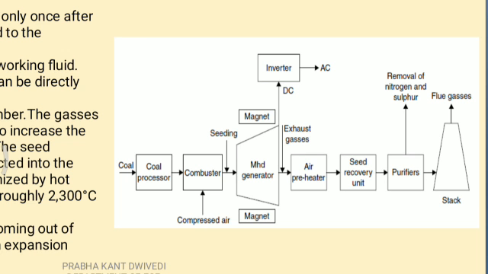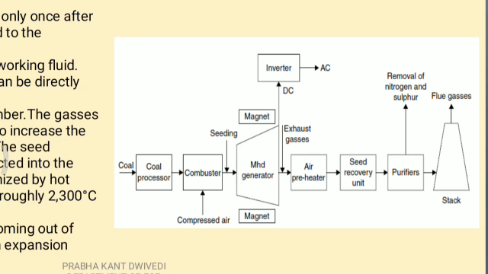Due to this magnetic field, the charged particles and ions deviate from their original path and go to their respective electrodes, where these particles are collected and a DC current is generated. This DC current, according to our need, is converted into AC current by using an appropriate inverter.